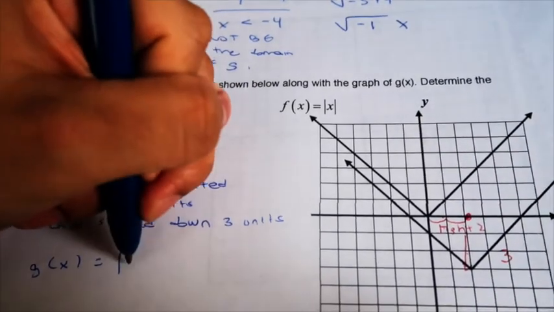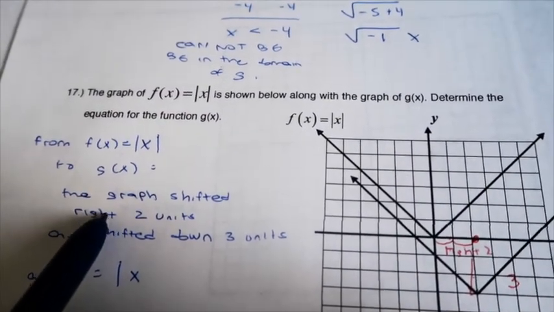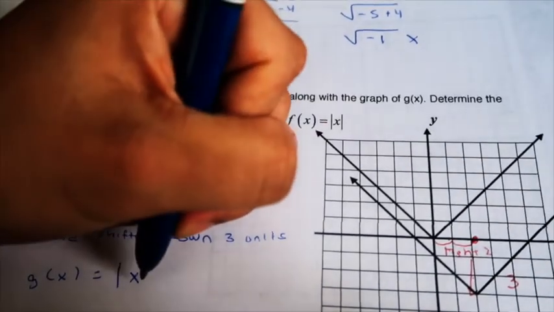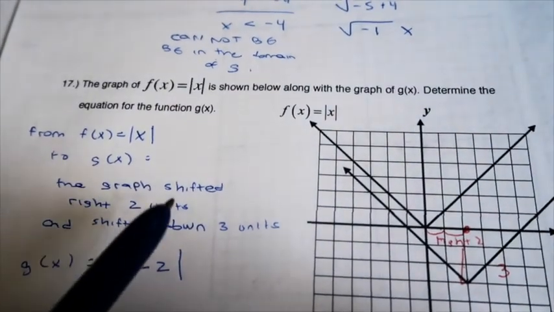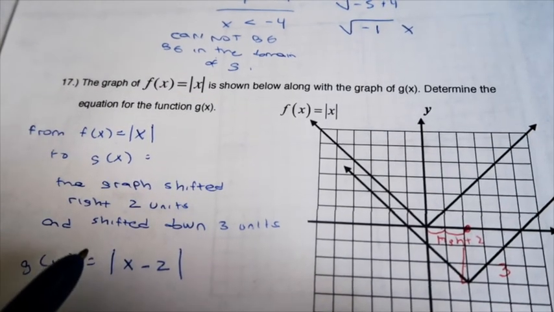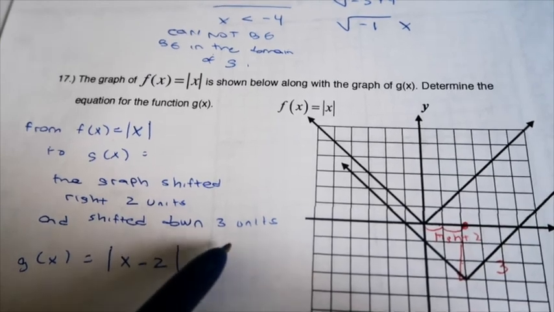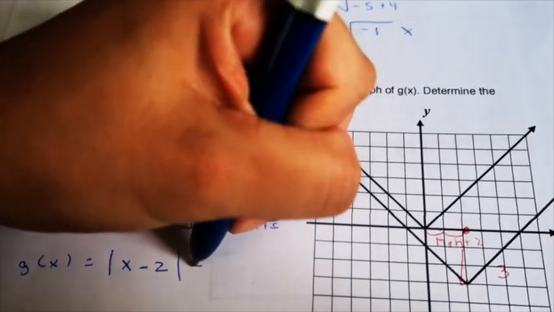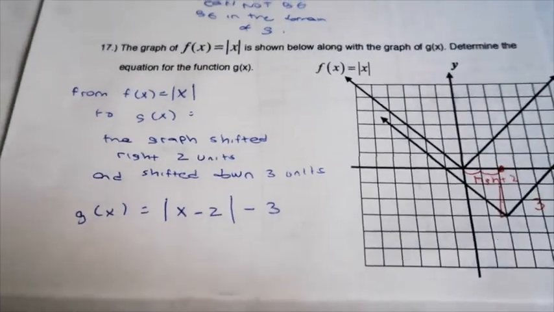We have absolute value of x, and when we're going to the right, we're subtracting. So it would be minus 2 inside of the absolute value. And when we're shifting up or down, it's outside the absolute value. So when we're going down, we're subtracting, so minus 3. And that would be our final answer.